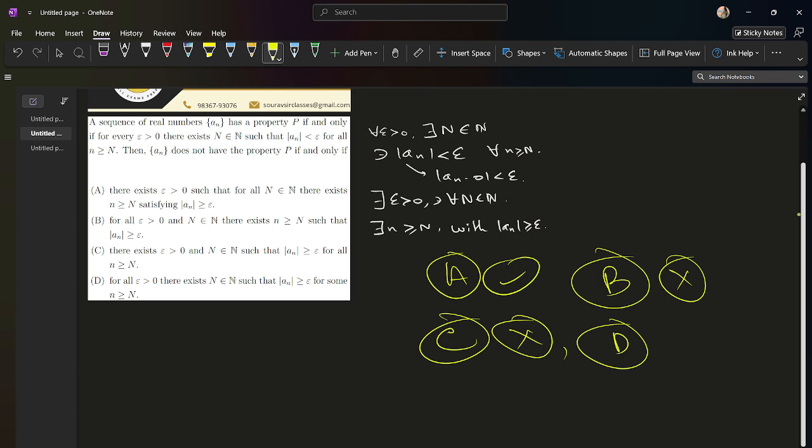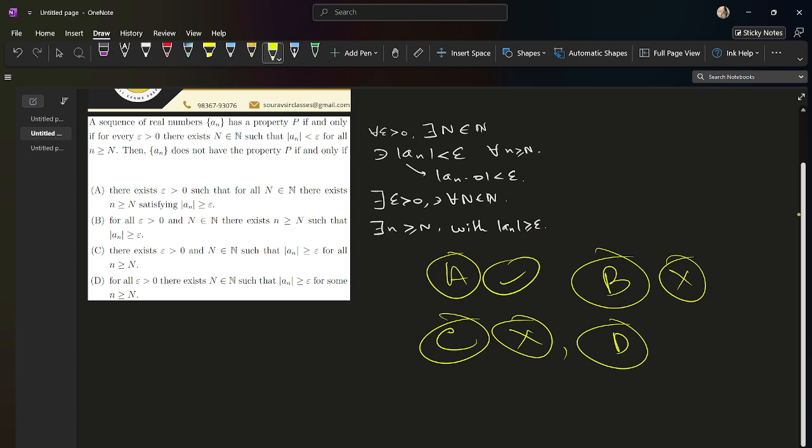Option D says for all epsilon greater than 0, there exists N belonging to the natural numbers such that mod of a_n is greater than or equal to epsilon for some n greater than or equal to N. This is weaker than A and does not fully negate the definition, because it only requires at least one large mod of a_n for each epsilon, not necessarily infinitely many such values.